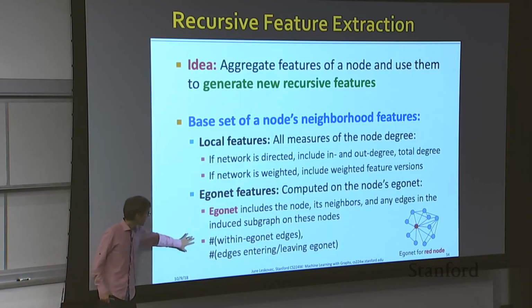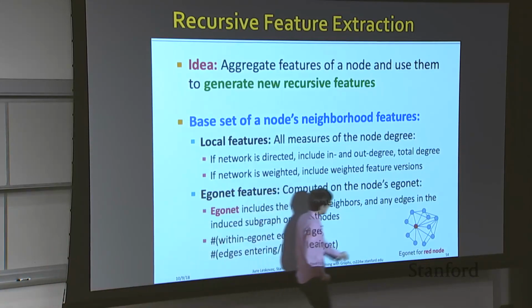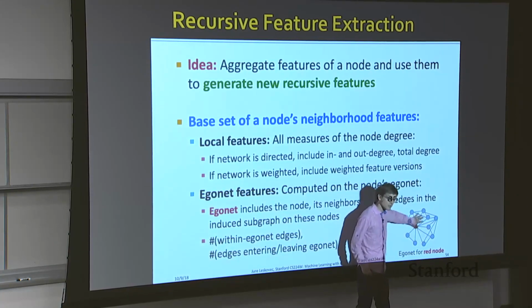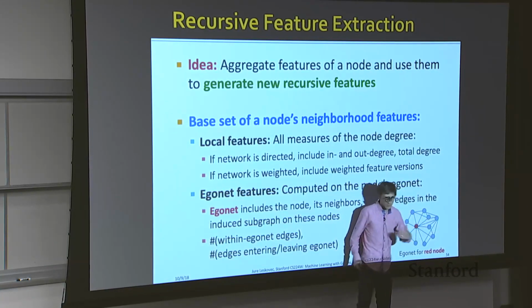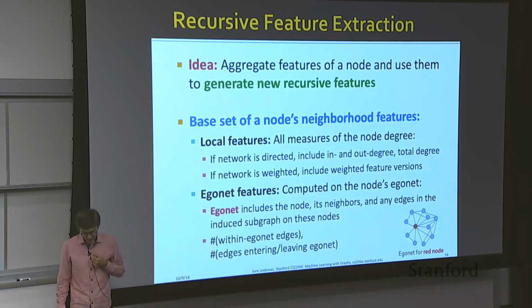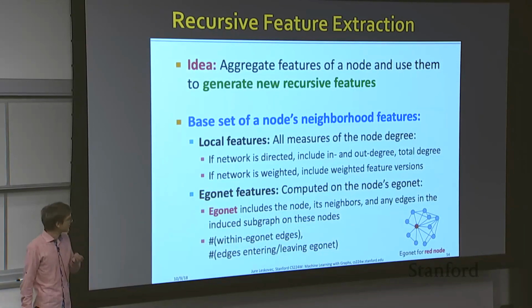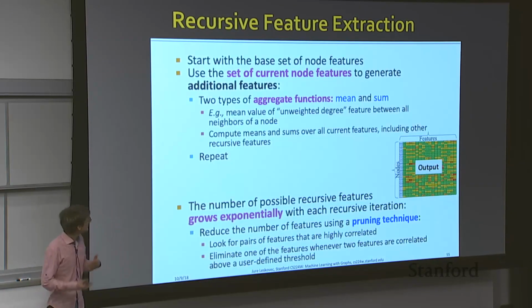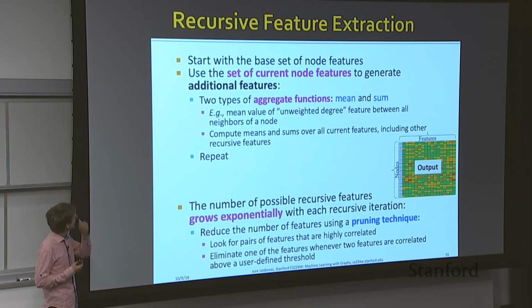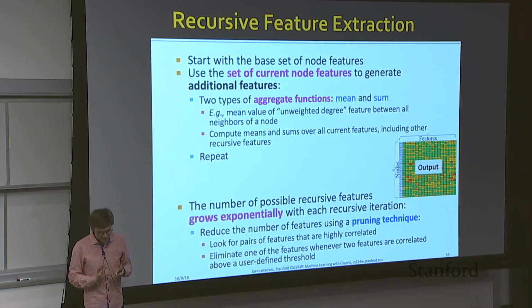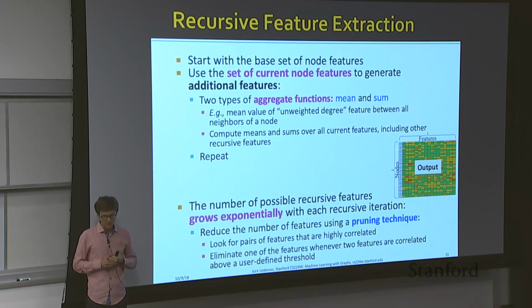Okay? So now what I have described is the node, its degree, and then the structure of its ego network, which is basically the network one hop away from the node. Now I will do this recursive feature extraction. The way the recursive part works is that we start with a base set of features and then use the set of current node features to generate additional node features.